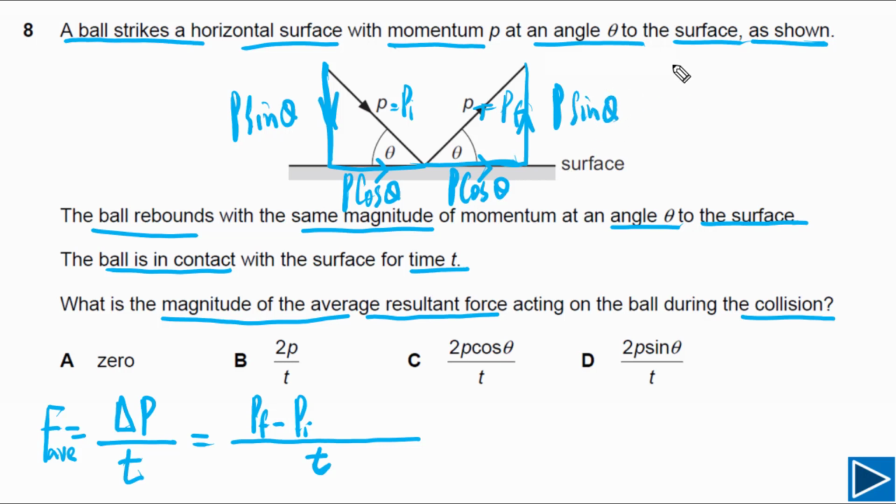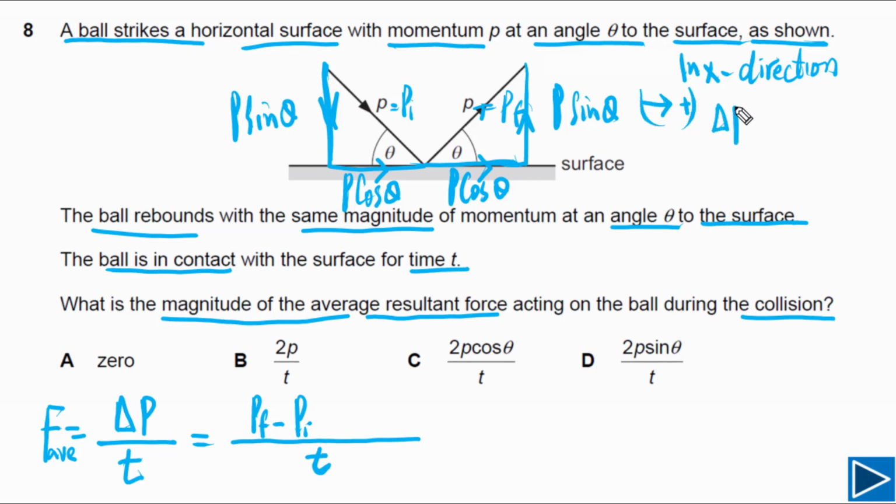We will check the change in momentum in the x direction and also in the y direction. First, let's find the change in momentum in the x direction. We will take to the right as positive.